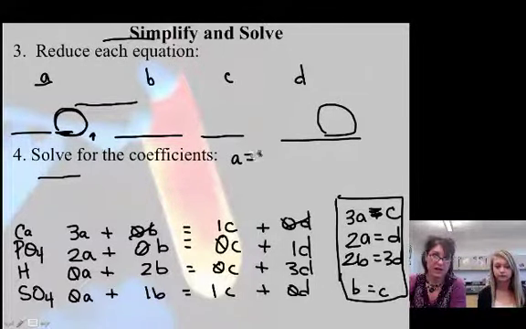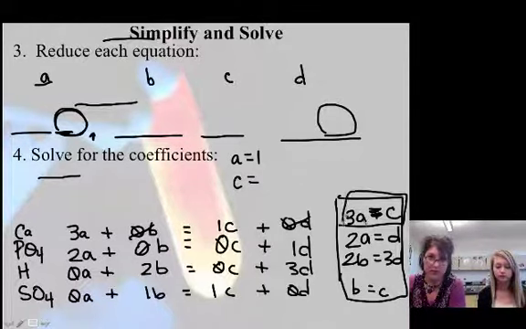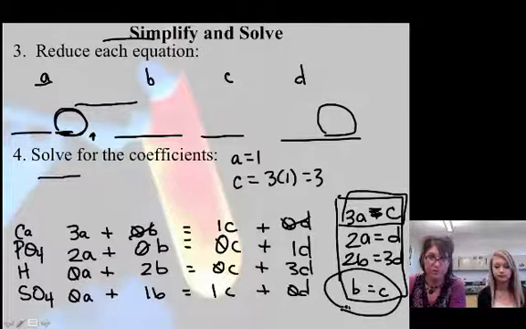We're just going to say A is 1. If A is 1 and C in my first equation is equal to 3 times A, then 3 times 1 is 3. Well, that was easy. We also know by our equations that B is equal to C, so B is 3 because they're the same.